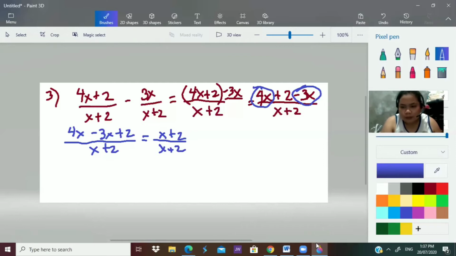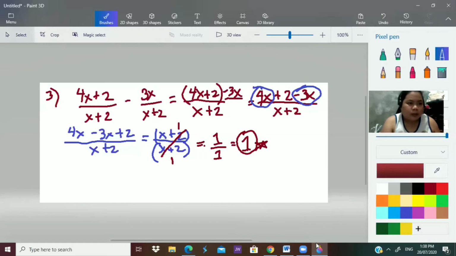Now, as we can see, meron tayong similar yung ating numerator and denominator. So x plus 2 divided by x plus 2, that would be 1. And here, that would be 1. So you have now 1 over 1, or just simply 1. Okay. So that's the final answer for number 3.